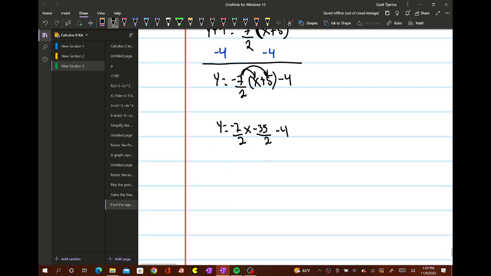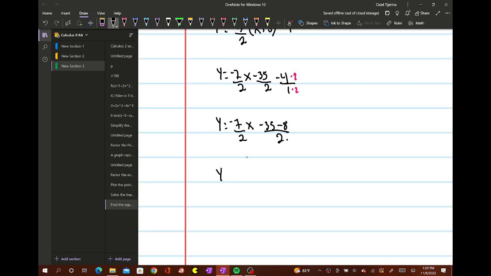Lastly, you get the common denominator, which would be 2, so 4 becomes 8 over 2. So minus 35 minus 8, all over 2. Then we have y equals negative 7x minus 43, all over 2.